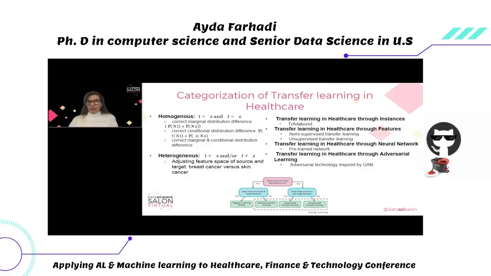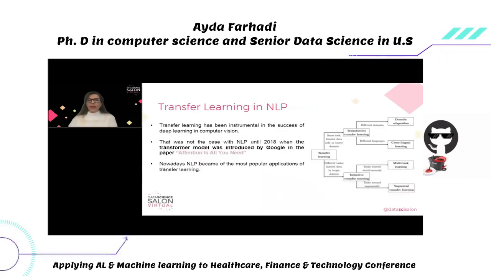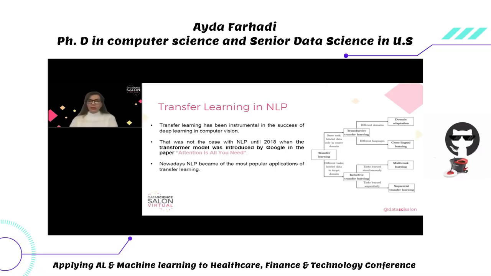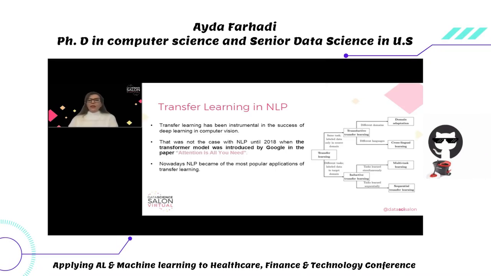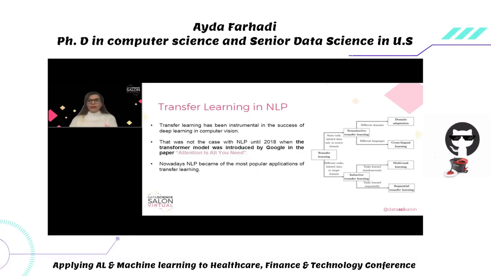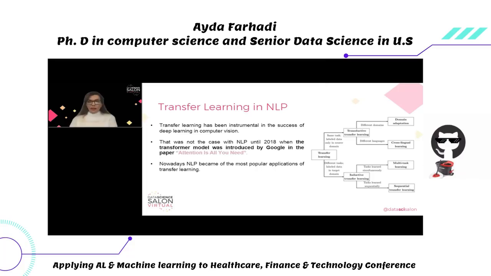And then at the end, we have transfer learning in NLP, which started in 2018 with the paper that Google published, Attention Is All You Need. As we know, in the images, transfer learning was popular because we had enough data, we had enough labeled images.